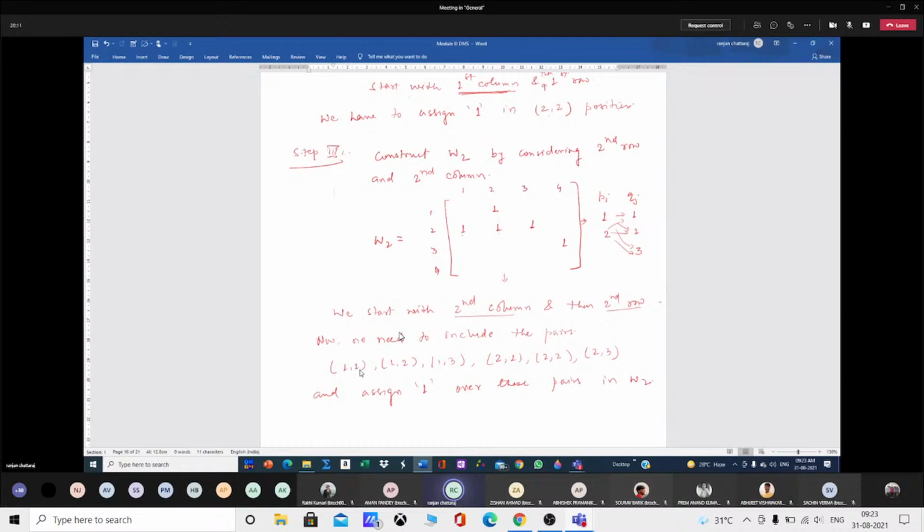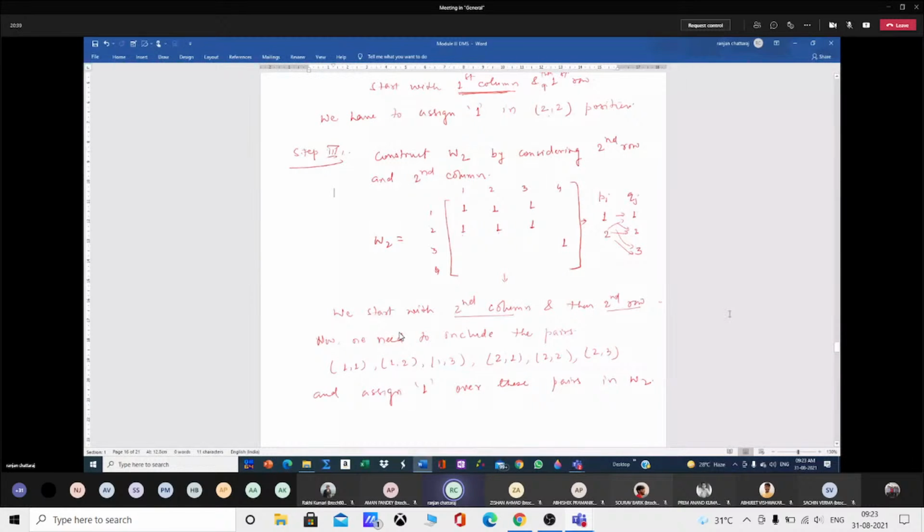It is 1, 1, so it is position 1. 1, 2 is already assigned, first row, second column. Then 1, 3. 2, 1 is assigned. 2, 2 is assigned. 2, 3 is already assigned. Leave it. Now it is 1, 1. Okay.